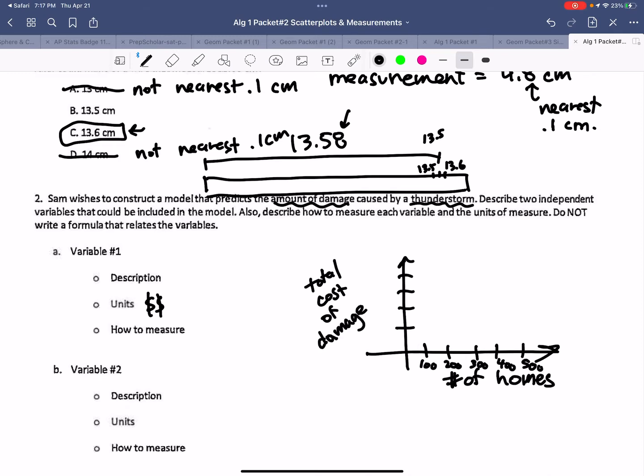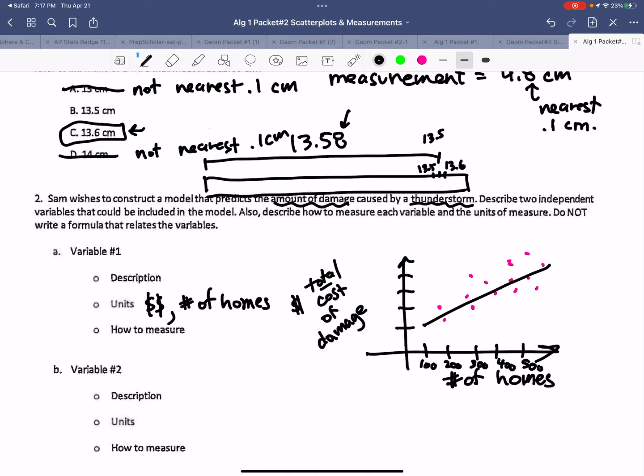You can't get a question like this on the EOC. There could be an infinite number of answers here, but it makes sense that the more homes that are damaged, there would be an increase in the cost. So units is in money and units is in number of homes.